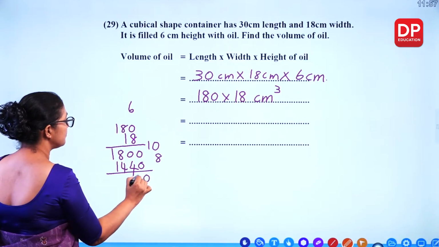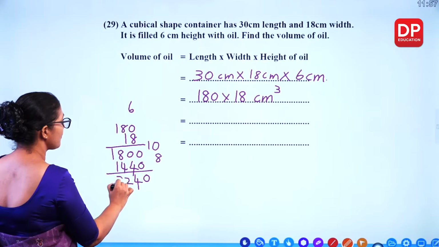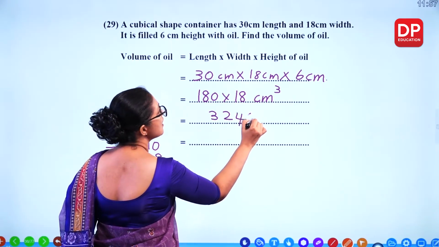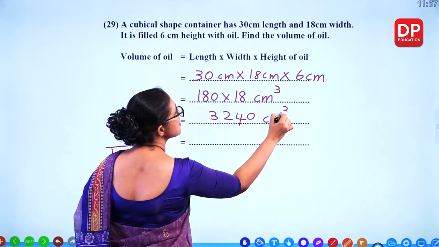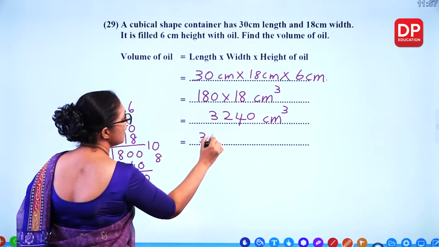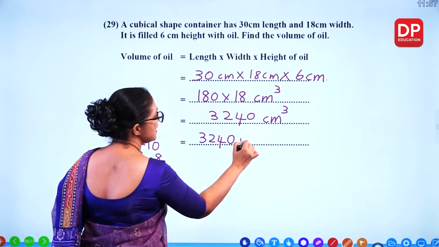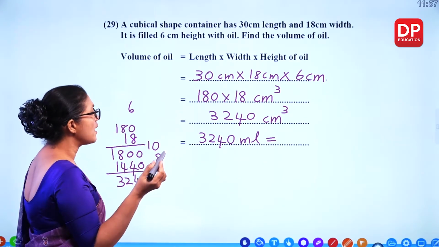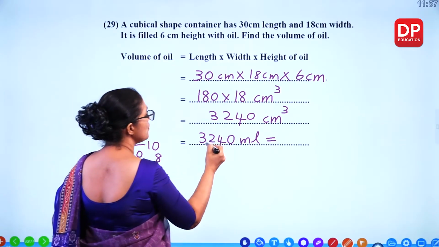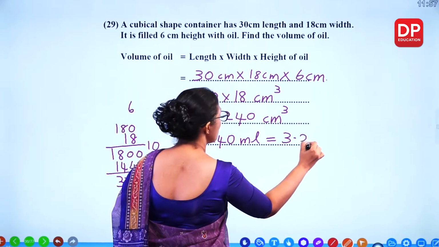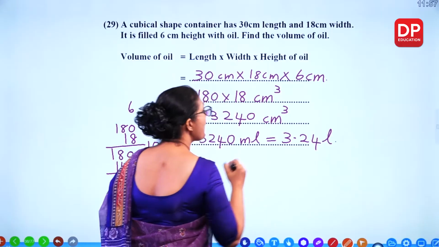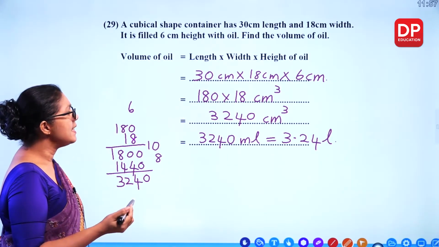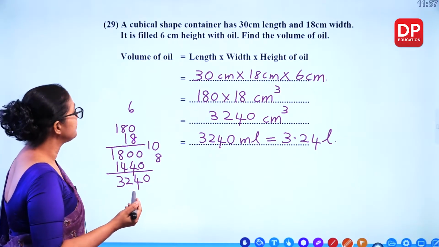Now add it. 3240 cubic centimeters. Or you can write this as milliliters. If you want to convert to liters, divide this by 1000. 3.24 liters. You can keep either in cubic centimeters or milliliters or liters.